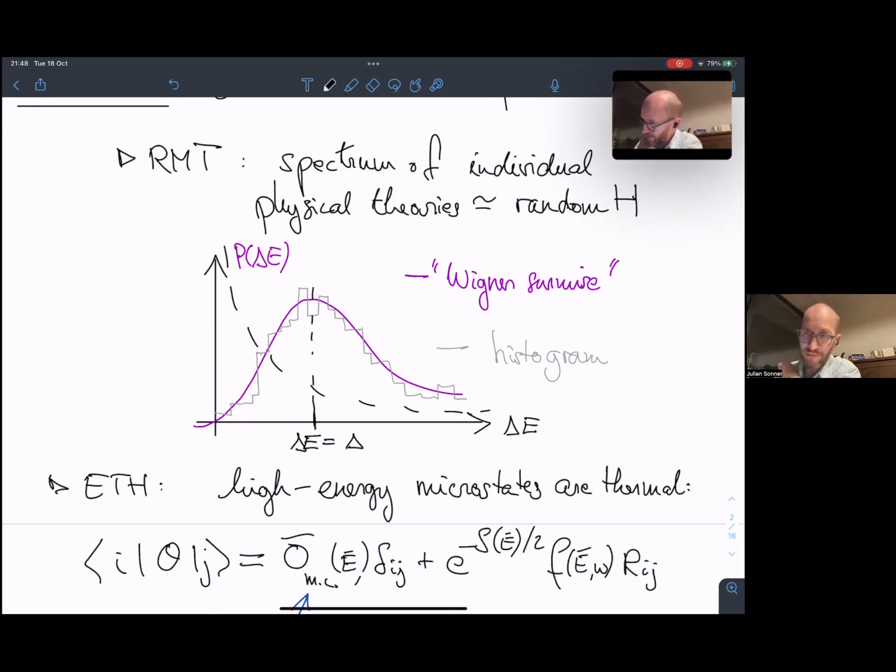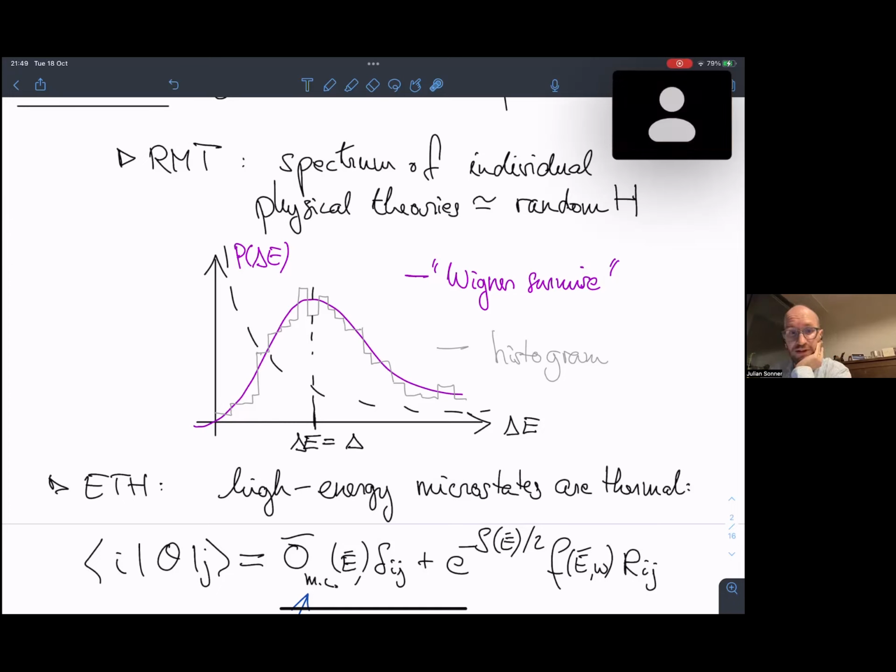But let me address your question a little bit more. There are two things you should notice here. One is that I'm not asking about the exact spectrum. What I'm asking about is the correlation between two adjacent levels. So you can have different spectra, but on average they have the same two-level correlation.